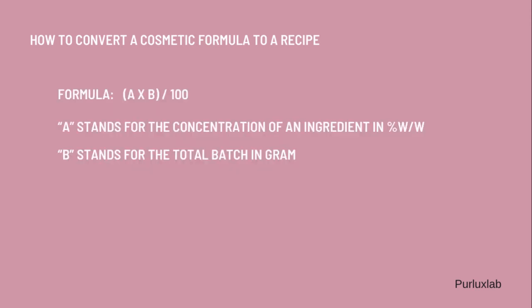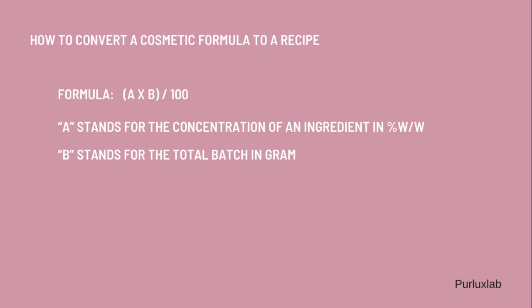So right now I am going to go on to illustrate to you how to convert your formula from percentage to gram using this formula. Whenever you want to convert your formula from percentage to gram, you need to use the formula A multiplied by B, and the value you get from multiplying these two values will be divided by 100.